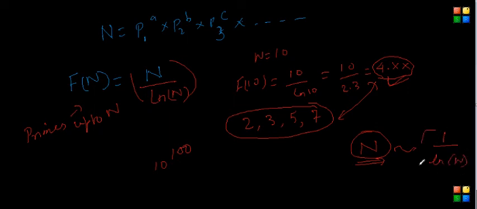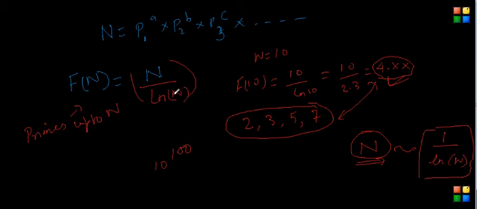If I take a very large value of n, approaching infinity or a very big number, the chance that this big number is a prime number is nothing but 1 by ln n.